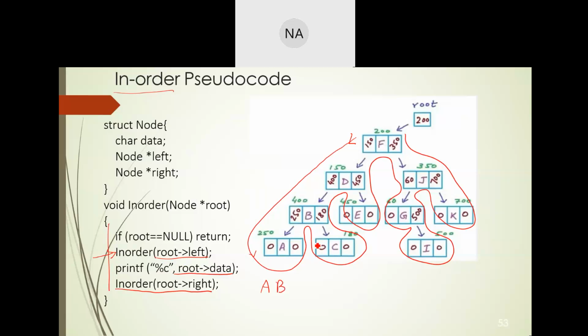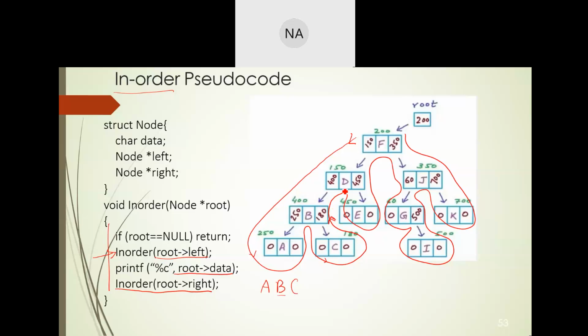Now node C will be encountered next, and it is encountered for the first time and also for the last time, so it also gets printed. Then you will visit node B again for the third time. But we have already printed its value, so it will not be printed again.